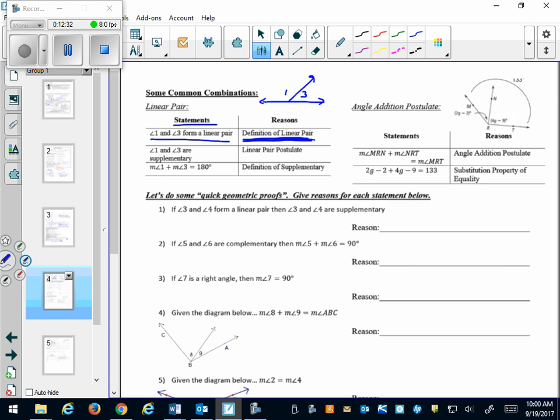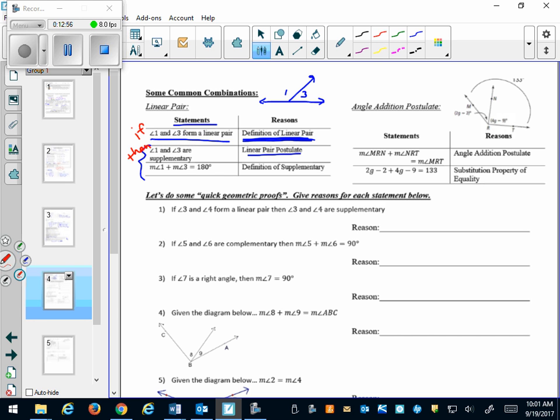The next 2 statements are not optional. So then you might say angle 1 and angle 3 are supplementary. That is because the linear pair postulate says if 2 angles form a linear pair, then they are supplementary. So notice this is like your if and this is like your then.